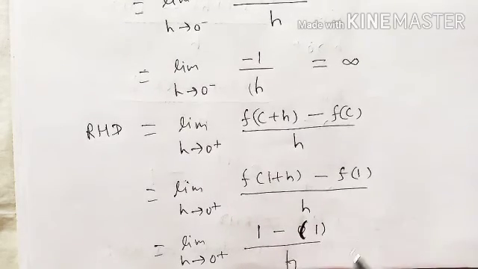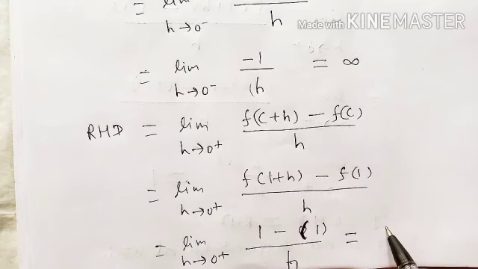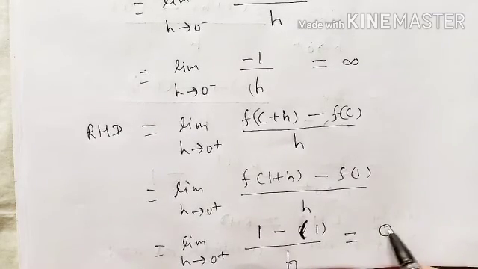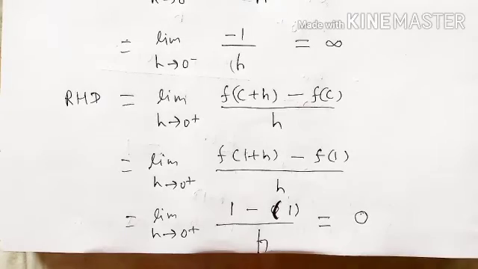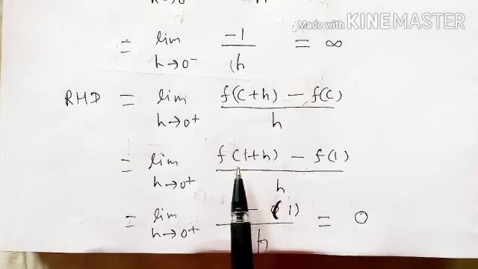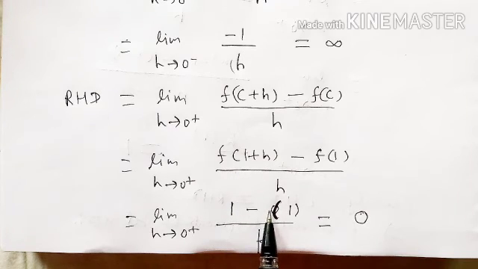So 0 by h, with h a very small positive value, gives us 0.